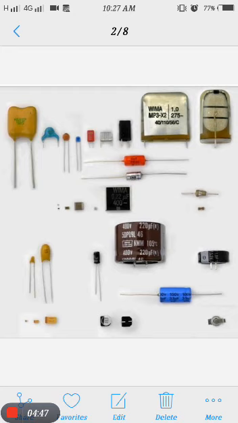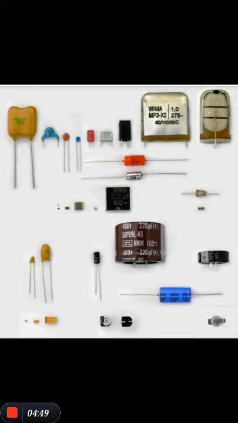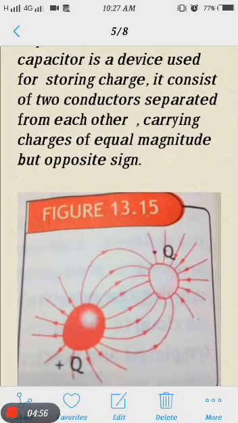And this slide is related to the fixed capacitors. This one figure shows the internal view of a capacitor.